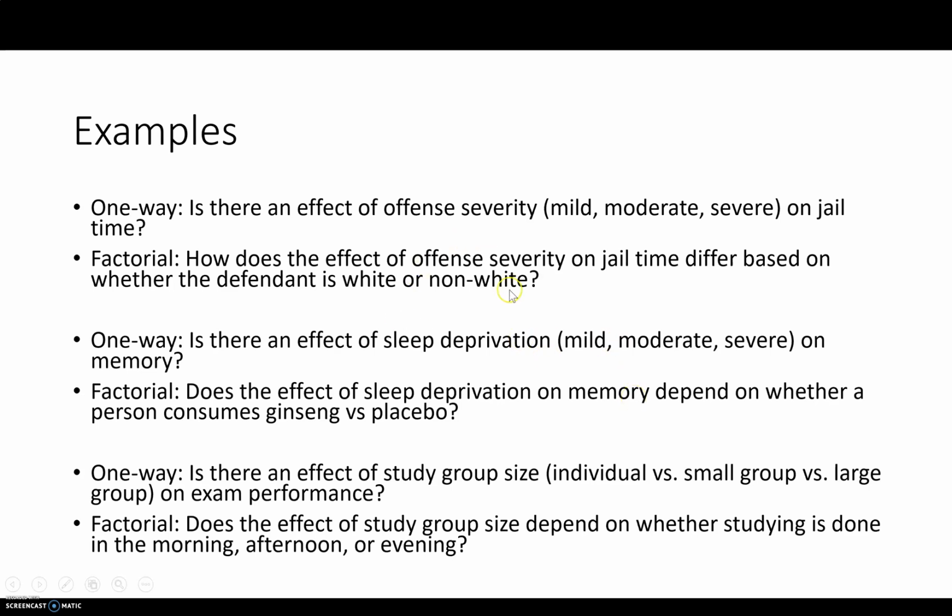How does the effect of offense severity on jail time differ based on whether the defendant is white or non-white? Maybe jail time increases depending on the severity of the offense, but maybe it increases to a different extent whether you're white or non-white. That would be considered an interaction. An interaction between race and offense severity on jail time.